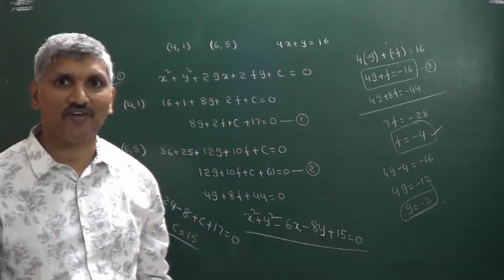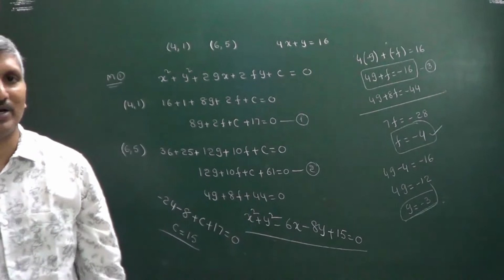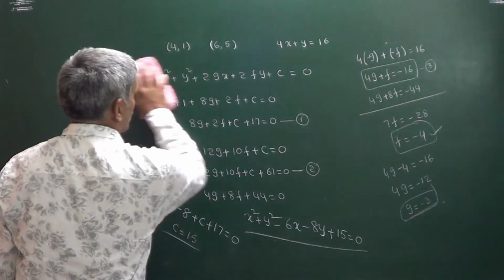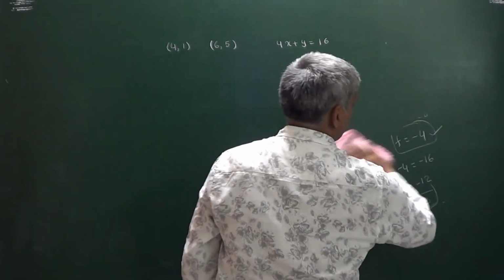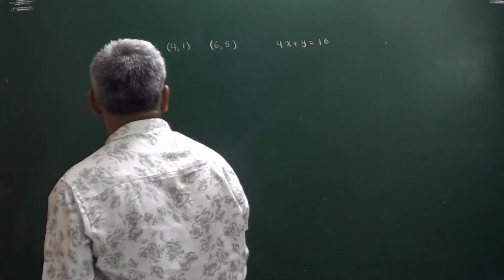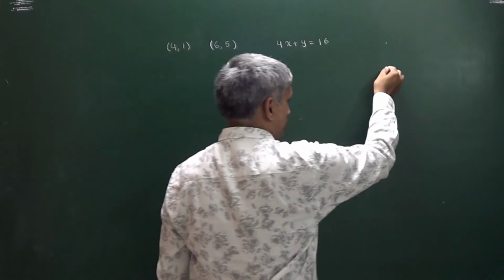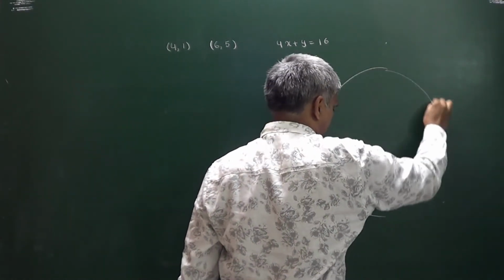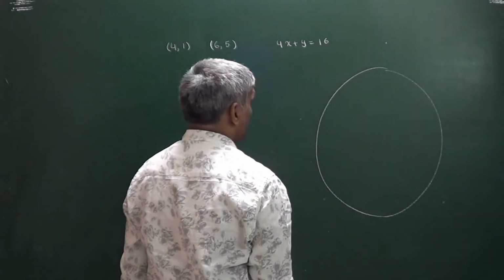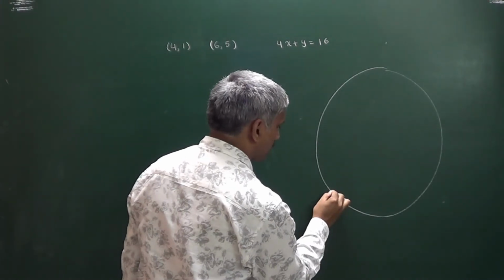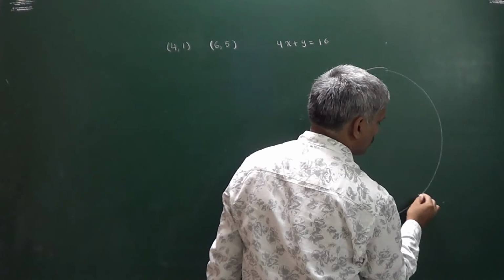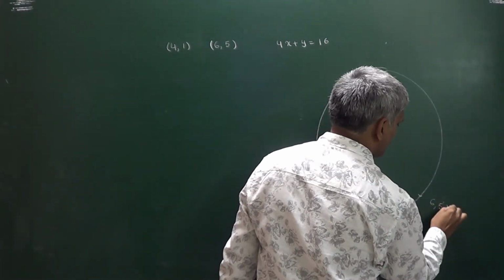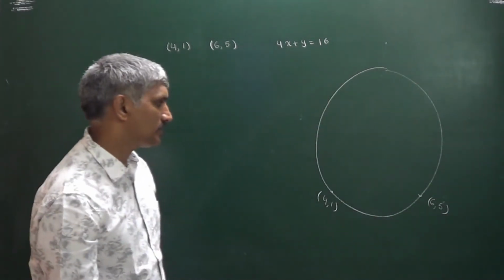That is the one way of approaching that particular question. The same question I want to do in another way. Observe here how to proceed. This is the way you can approach. Circle is passing through the point 4, 1, and the circle is also passing through the point 6, 5, right?